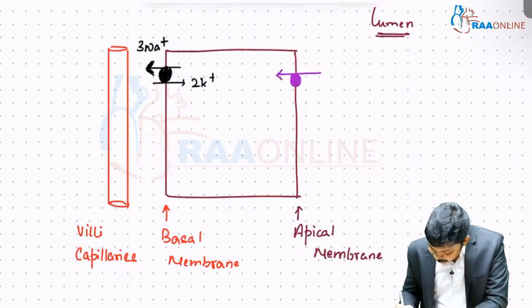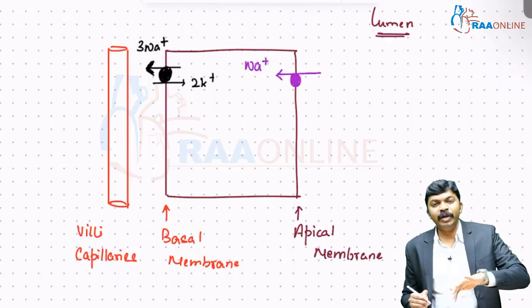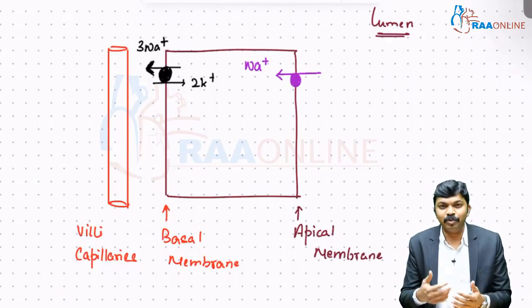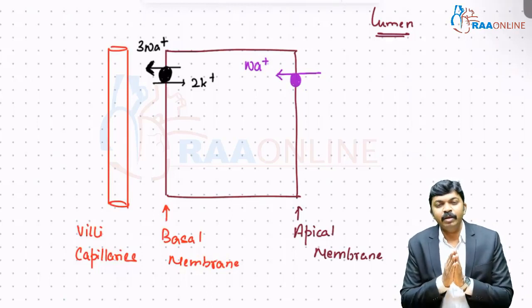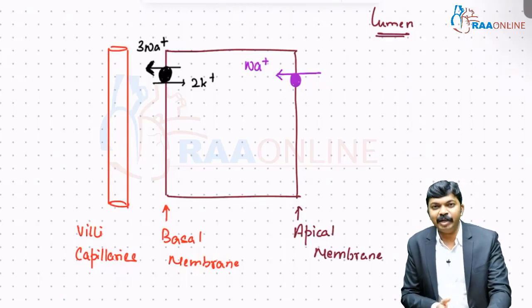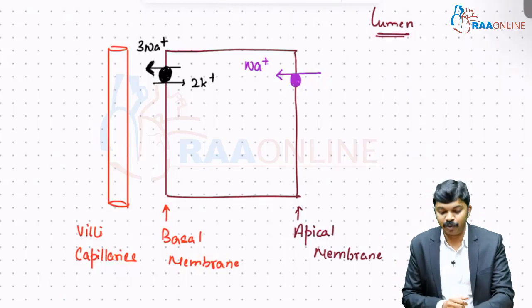While sodium is moving into the cell in a downhill process, it's a passive transport, right? It's a downhill transport, also called passive transport, where, because the cytoplasmic sodium level is decreased by sodium potassium ATPase, luminal sodium is getting transported.